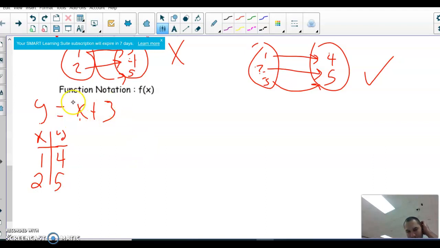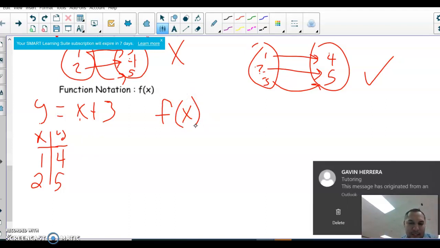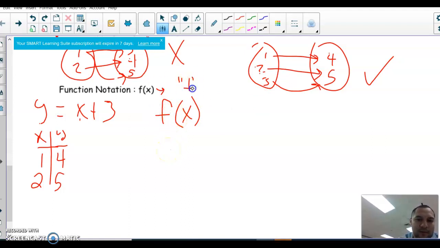So we have a function here written in notation with a y and an x. Function notation simply replaces the y with f parentheses x parentheses. You read that as f of x.